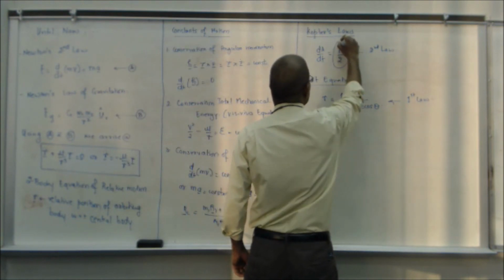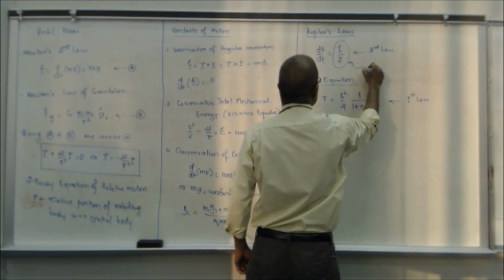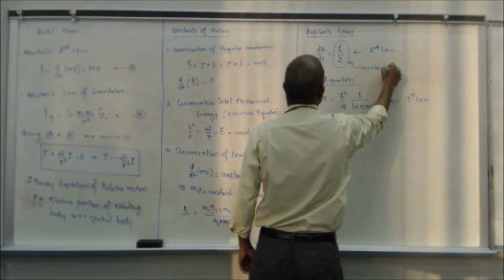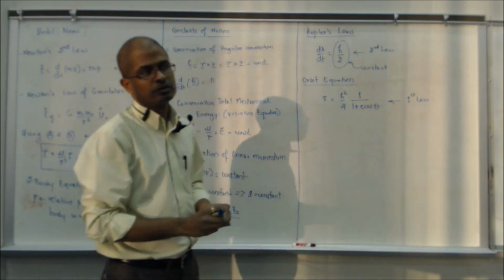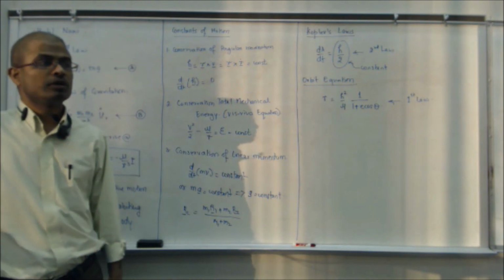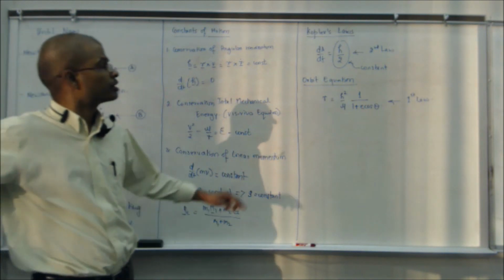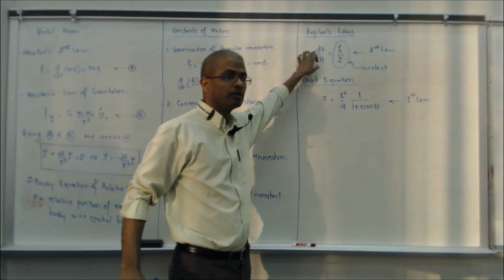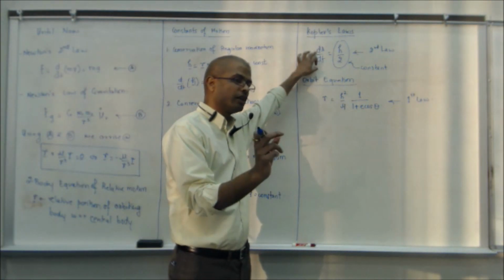This just means it's a constant. Equal areas in equal time. So this means the rate of change of area is constant, it traverses equal areas in equal times.